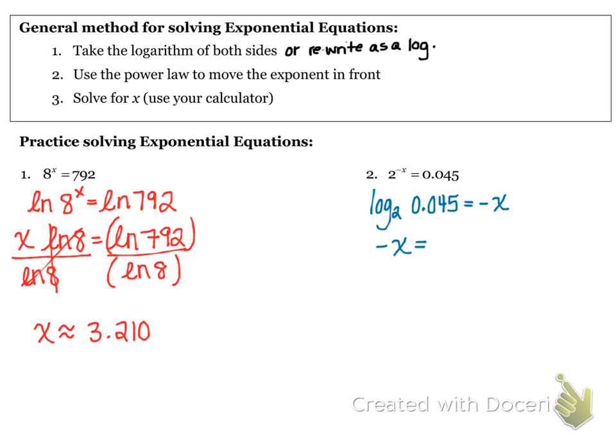Negative x equals log of the numerator, which is always the first, the argument, 0.045, and then the base goes on the bottom, log of 2. So when you get this, you get negative 4.474, and since we have a negative over here, we would divide it and get x is about positive 4.474.